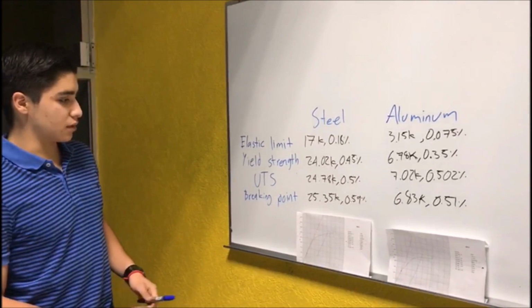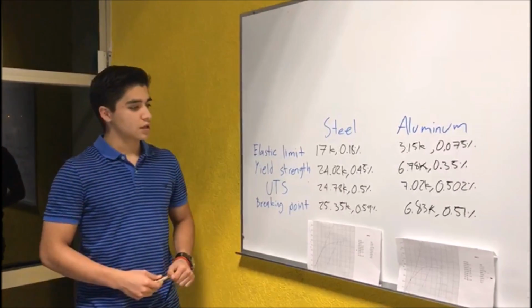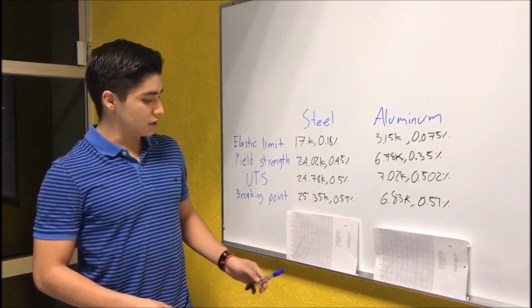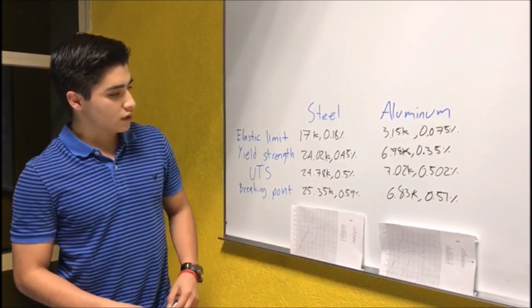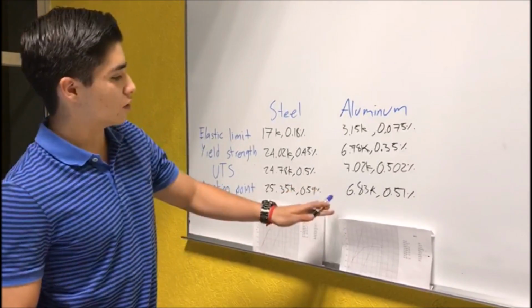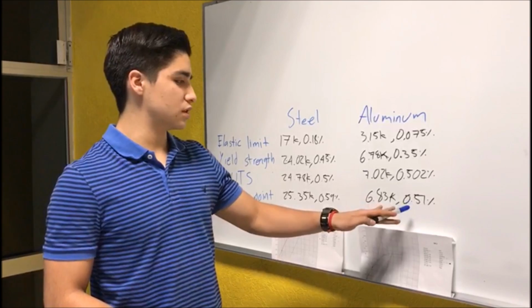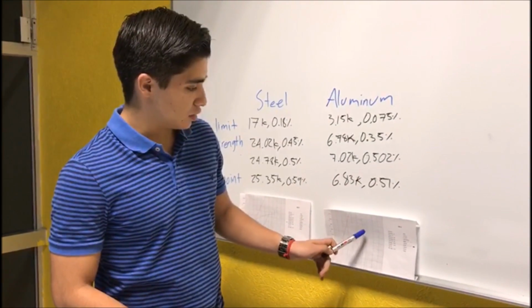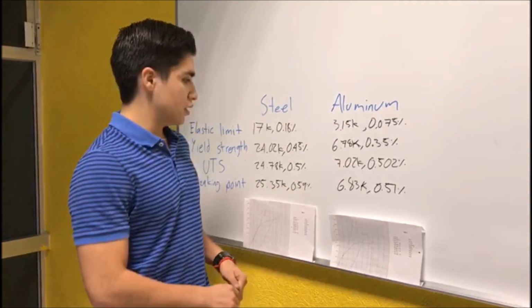And finally, the breaking point in the steel was at 25.35K and 0.59% of the strain. That is the last point of the graph in the function. And in the aluminum, 6.83K and the strain percent was 0.51. That is the same, the last point of the graph in the function.